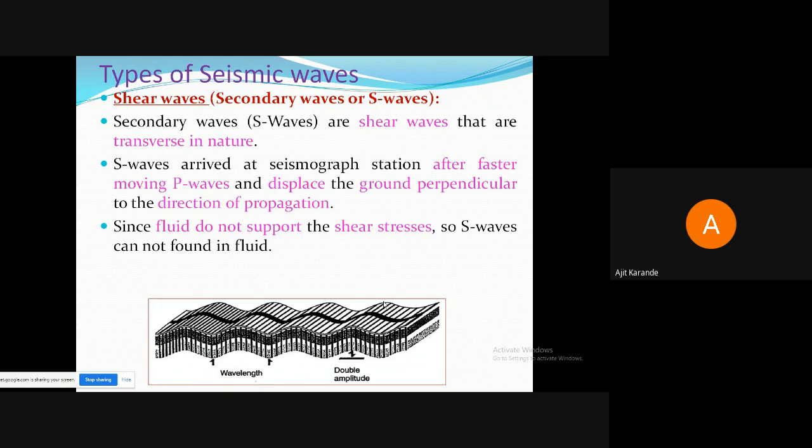For resisting these shear forces, we must use ductile detailing at the sections of the beam and column.